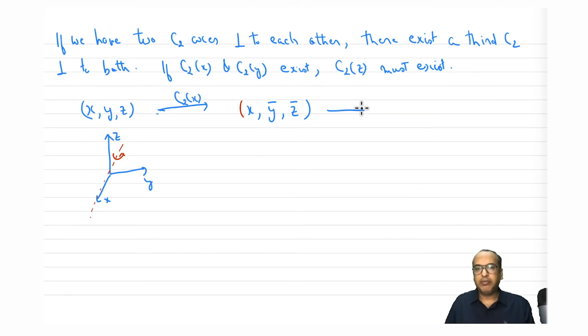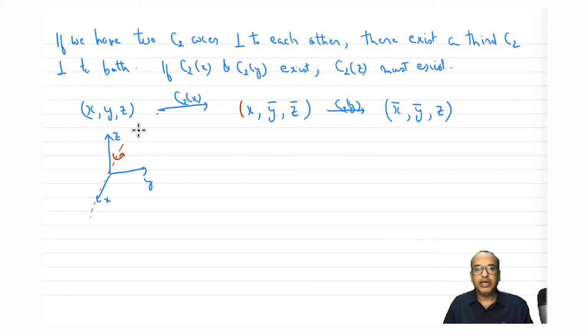Now similarly, if I am applying C2y, what happens now? x goes to minus x, minus y remains as minus y, and minus z goes to plus z. I hope this is very clear. Here I have used the C2 y axis, so y remains where it was and x and z change their sign.